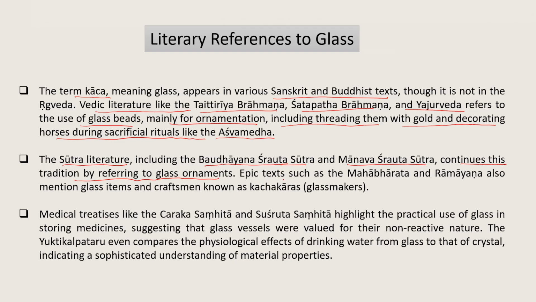Epic texts such as the Mahabharata and Ramayana also mention glass items and craftsmen known as Kanchkaras, glassmakers. Medical treatises like the Charaka Samhita and Sushruta Samhita highlight the practical use of glass in storing medicine, suggesting that glass vessels were valued for their non-reactive nature.